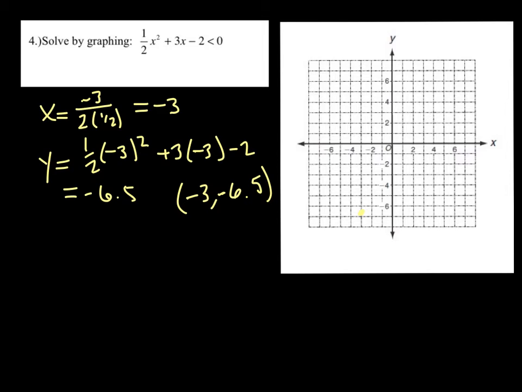So if I want to find the x-intercepts, all I'm doing is finding my 2 x values for the solution. I can't factor this because of that lead coefficient of 1/2, and it just doesn't work. So if I'm going to solve for my 2 values of x, I'm going to have to use the quadratic formula.